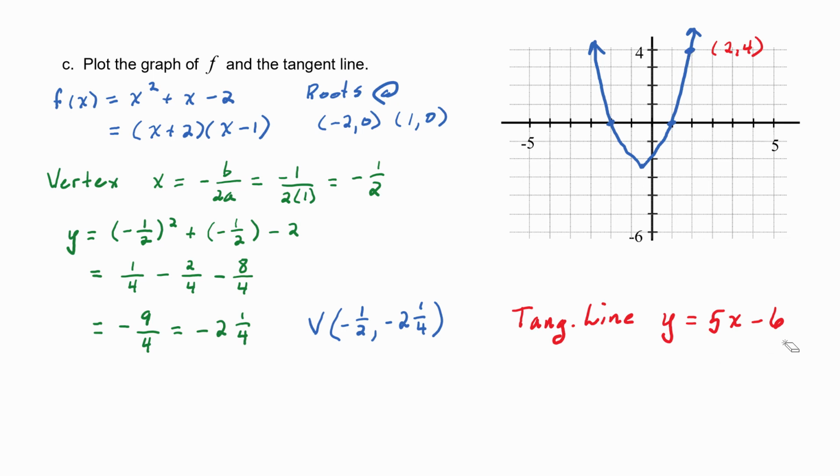And we also know the y-intercept will be -6. So now we can draw in this line. And now we have the graph of f of x and the graph of the tangent line on the same coordinate plane.